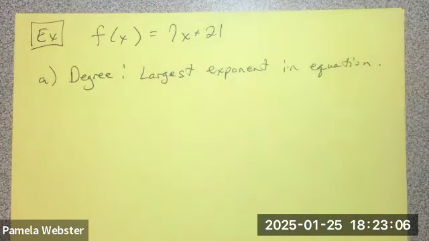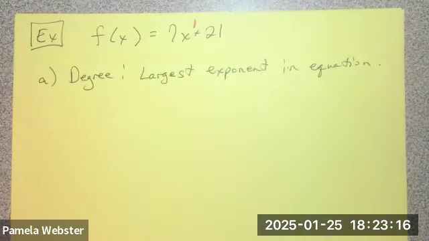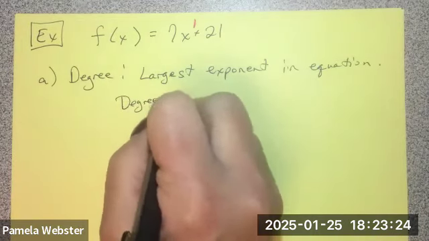Okay, so y'all tell me what the largest exponent in the equation is. Okay, and in my head, I hear you saying it's a 1 because the x, and it's always the exponent on the variable, right? So the x there is raised to the first power. So here degree equals 1.